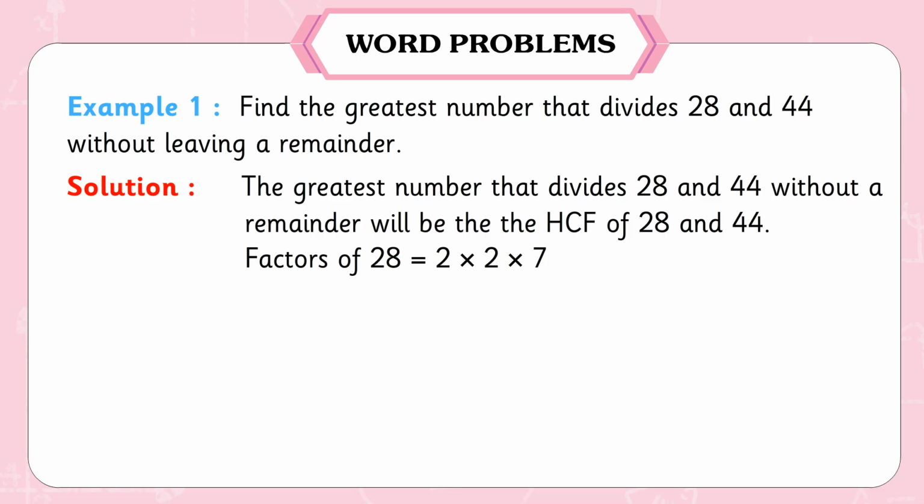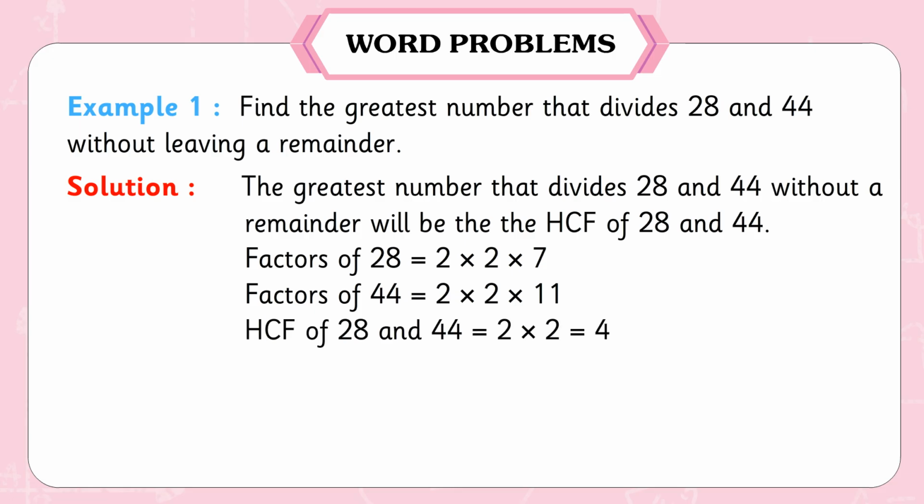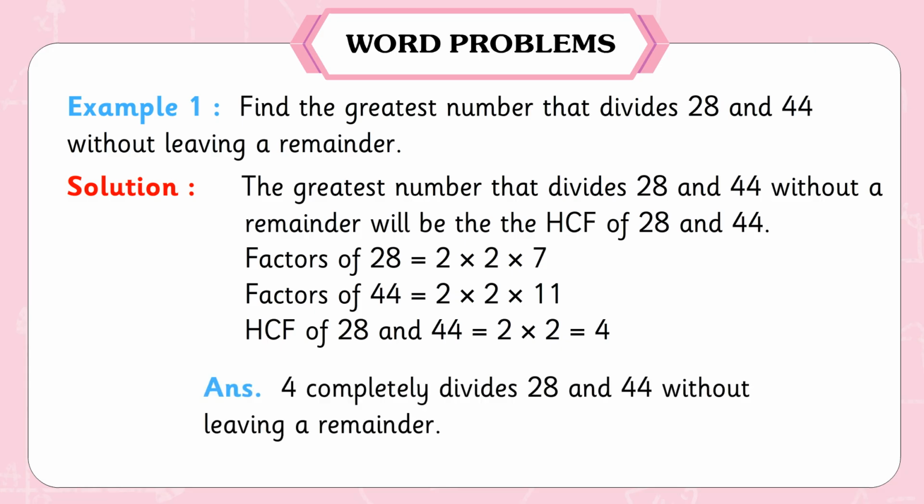Factors of 28 are 2 into 2 into 7. Factors of 44 are 2 into 2 into 11. HCF of 28 and 44 is 2 into 2 is equal to 4. Answer: 4 completely divides 28 and 44 without leaving a remainder.